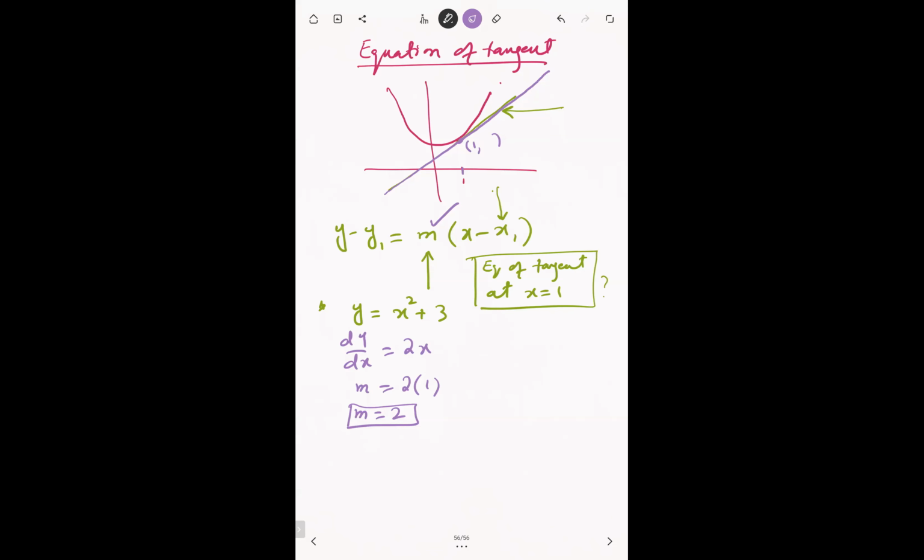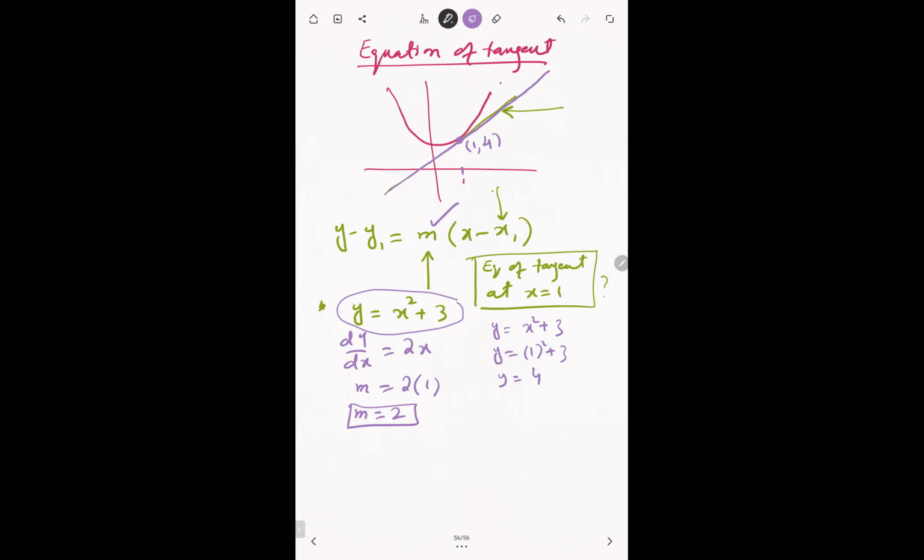We don't have the equation of the line, that is what we are finding. But we know that this point is common to both the line and the curve. We have the equation of the curve, y equals x squared plus 3, the original equation. At x equal to 1, that point is common to the curve and the line. So put x equal to 1 in the curve, and it will tell you that the y coordinate at this point is 4.